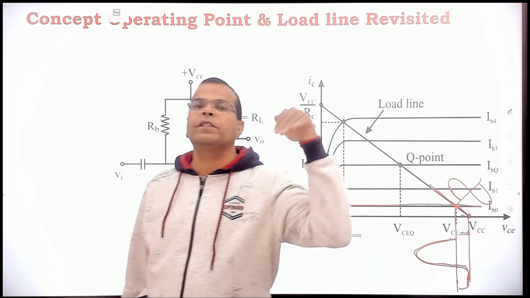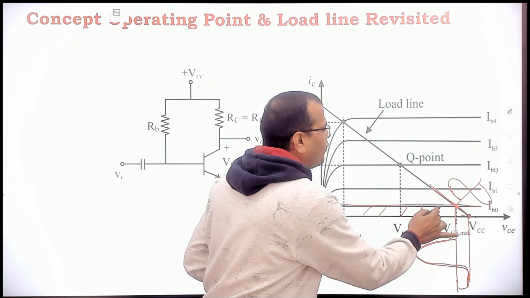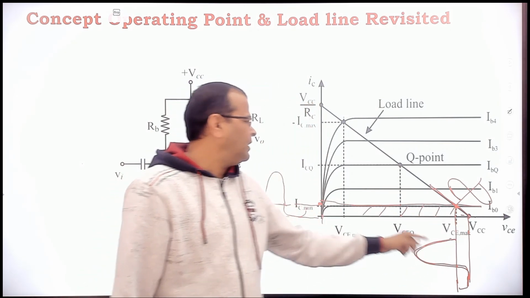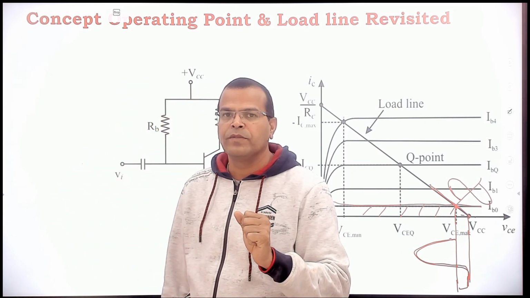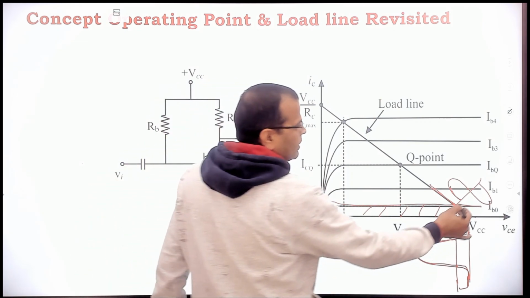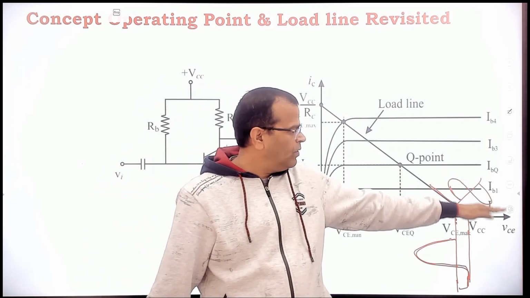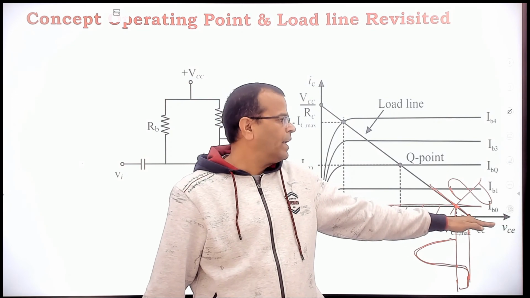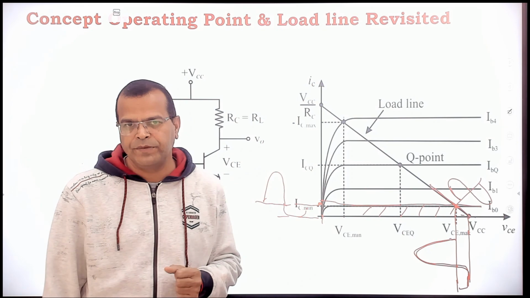When my Q point is shifting towards this region, which is known as the cutoff region of the characteristic of the BJT, my voltage VCE and current IC are not sinusoidal, right? And why? Because when base current falls below a certain value, IB0, your characteristics are not linear and your output is distorted.